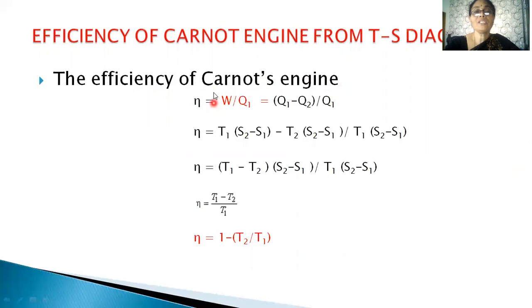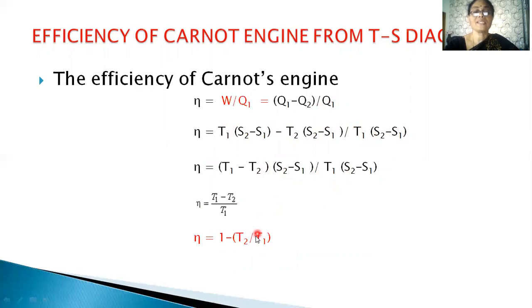We know that efficiency is defined as the ratio of work done to the quantity of heat absorbed, that is W by Q1. The W is nothing but Q1 minus Q2, the quantity of heat absorbed minus the quantity of heat rejected, divided by Q1. So eta is equal to [T1 into (S2 minus S1) minus T2 into (S2 minus S1)] by [T1 into (S2 minus S1)].